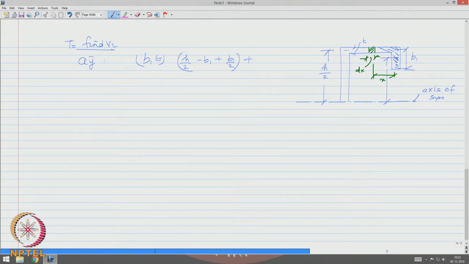Plus that is for the hatched portion here, and for this remaining portion it should be x into T into h by 2.